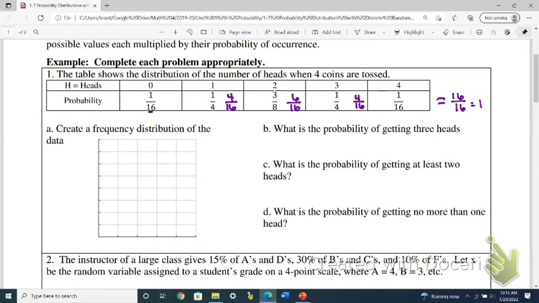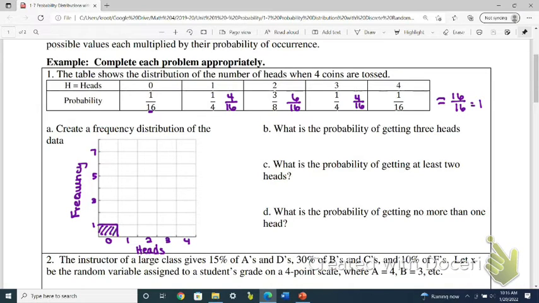And we need those common denominators because when we create a frequency distribution, we need to have the common denominators. So on the bottom is going to be the number of heads that I got, and over on the side is the frequency. So I can either have 0 heads, 1 head, 2 heads, 3 heads, or 4 heads, and I'm going to count up by ones. So 0 heads will happen 1 out of 16 times.